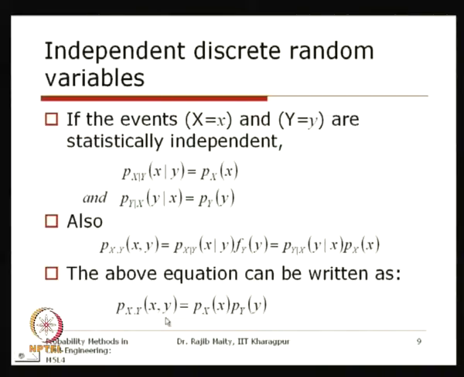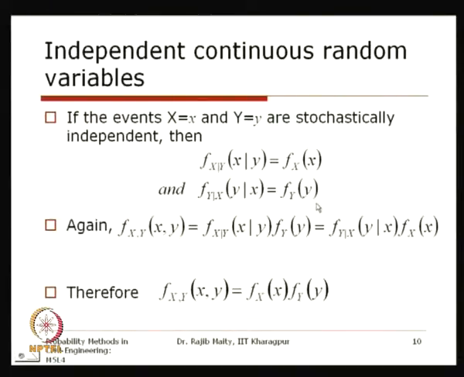This is the case of the discrete random variable, and similarly for the continuous case, we have the same thing; only here we consider the PDF, not the PMF. So the PDF of x on condition y should equal its marginal, f_X(x), and similarly f_Y given x, the PDF of y given x, should equal the PDF of y alone, because the outcome of y does not have any influence from the outcome of x.